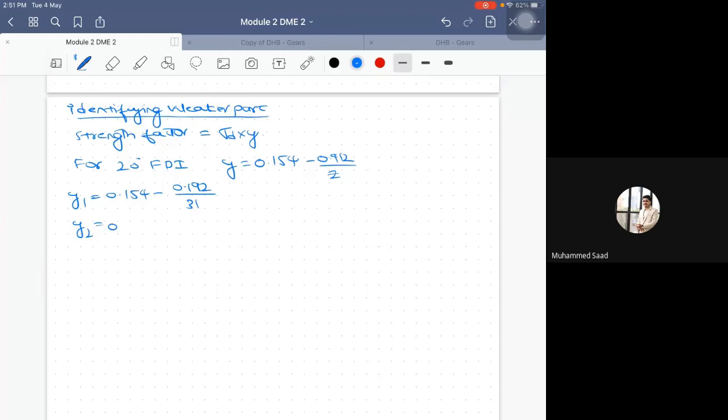Similarly, 0.154 minus 0.912 divided by Z2 value, which is 100. So what is the value you are going to get? Similarly, calculate the value of sigma D1 and Y1, sigma D2 and Y2. Give me the values, guys.